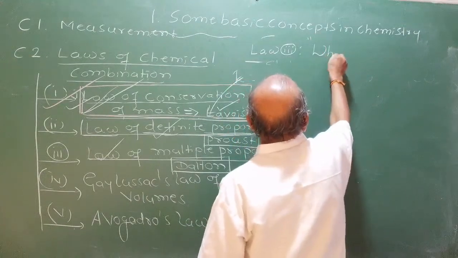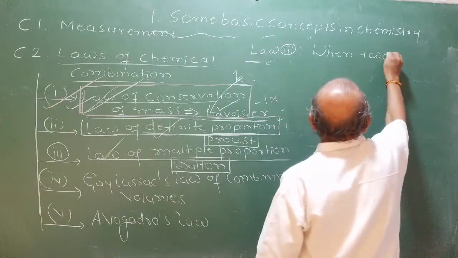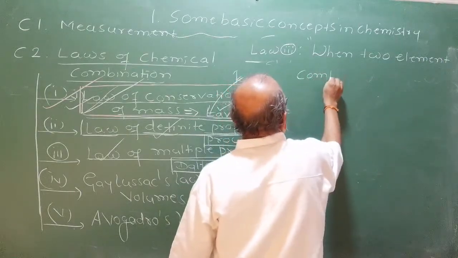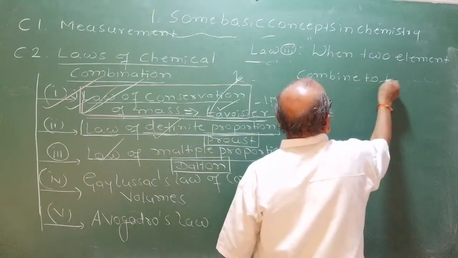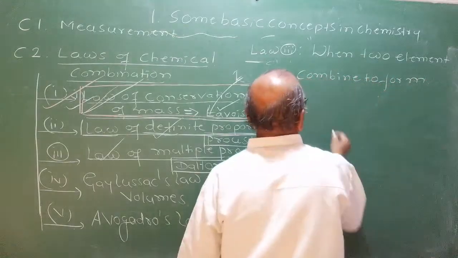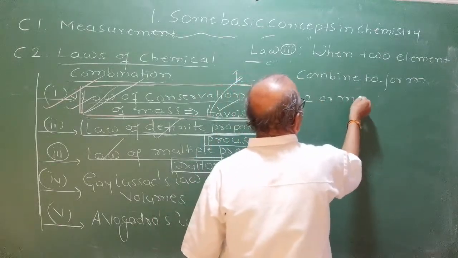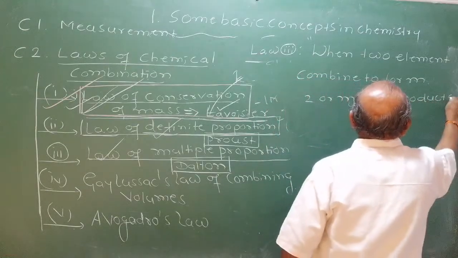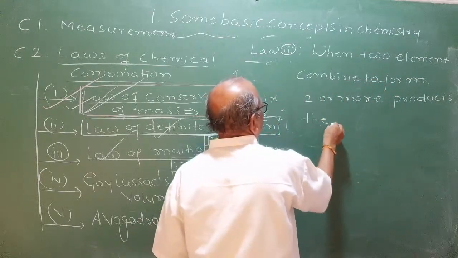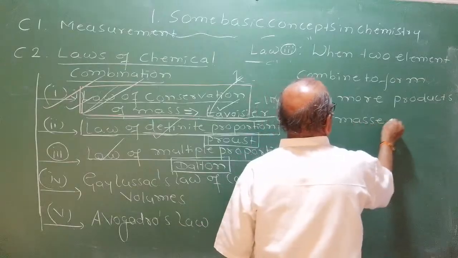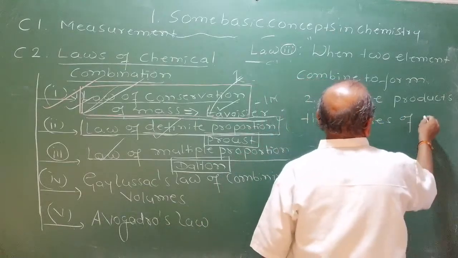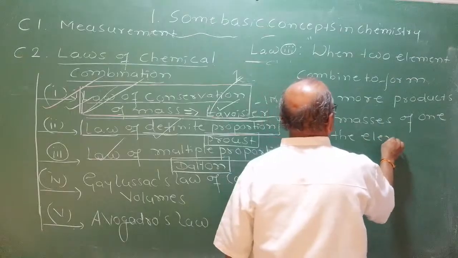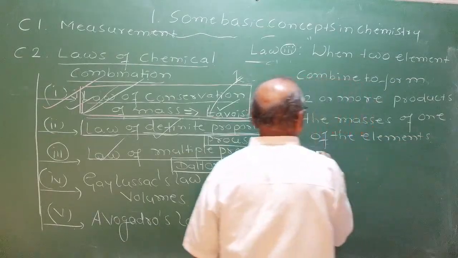The statement is: when two elements combine to form two or more products, the masses of one of the elements which combine with a fixed mass of another element bear a simple whole number ratio.